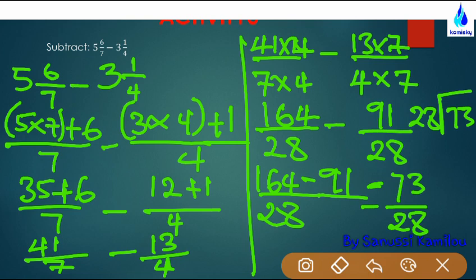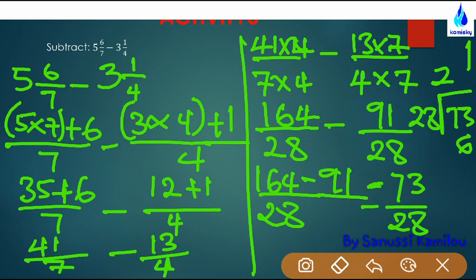Okay, so let's see. 2 times 28. If you do the calculation, 2 times 8 will give me 16. Okay, so we are having 6 remainder 1.